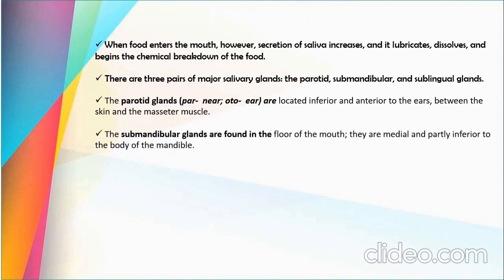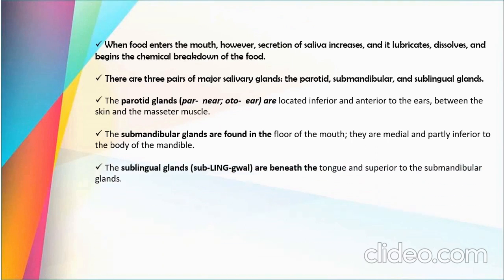Next is the submandibular gland. These are found in the floor of the mouth. They are medial and partly inferior to the body of the mandible. They release their secretion into the oral cavity through the submandibular ducts. The third is the sublingual gland.